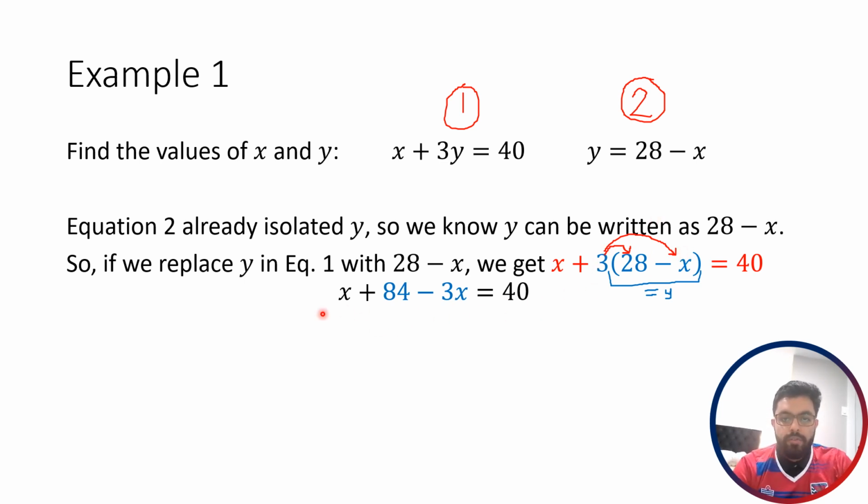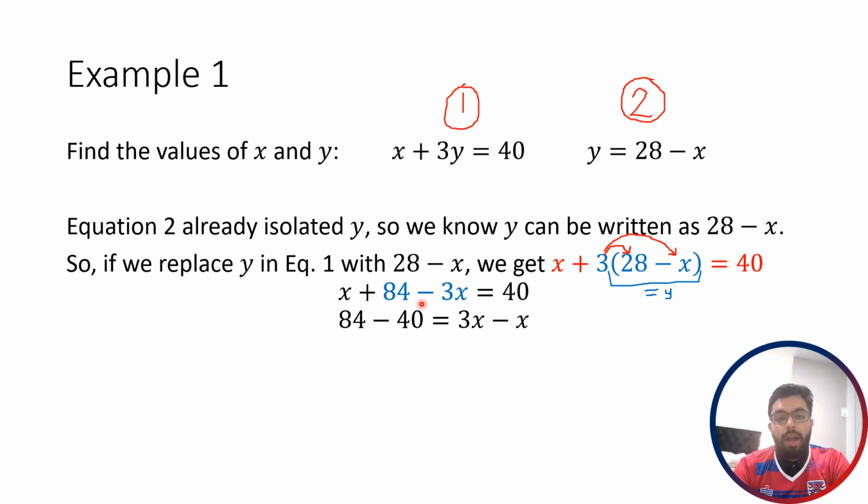So what we've got here is x plus 3 times 28, which is 84, minus 3 times x, so that's 3x, equals 40. Hopefully that makes sense. We're going to look at the distributive property again in just a sec.